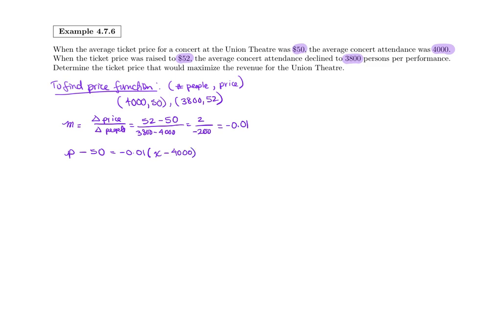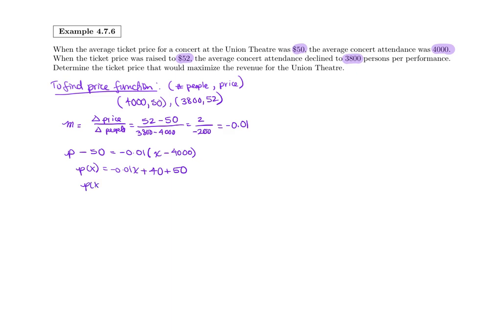So we can solve for P here. P in terms of x, our price in terms of x, is going to be negative 0.01x plus 1/100th of 4,000, which means we're going to move it 2 decimal places. It's going to be 40. And then we're going to add to it the 50 from the other side.